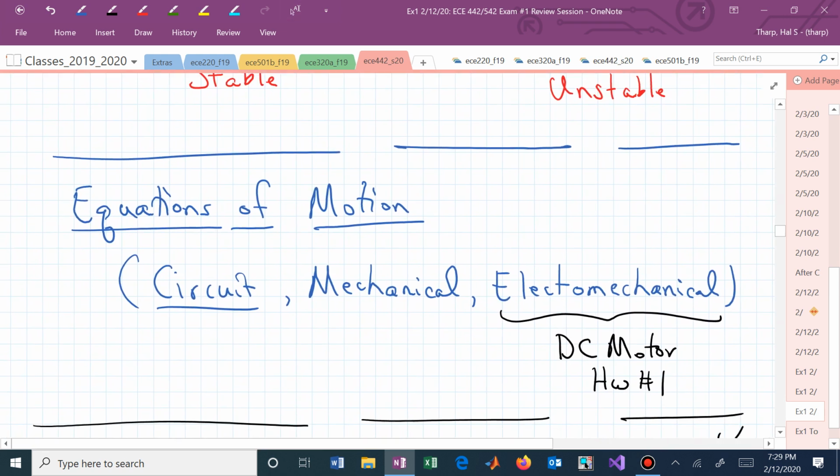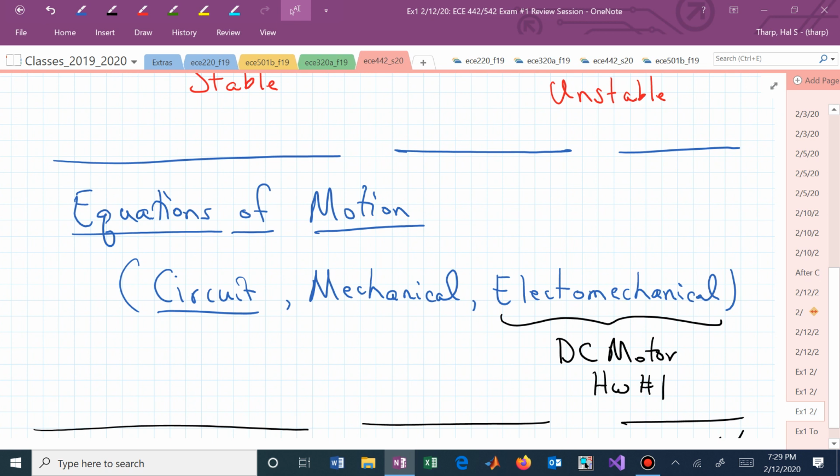Equations of motion. You should be able to write Ohm's law, KCL, and KVL in such a way that you could find a transfer function for a first or second order circuit. Because in some of the problems on practice exams, I'm thinking one might be, what's the sample period for this electrical circuit?